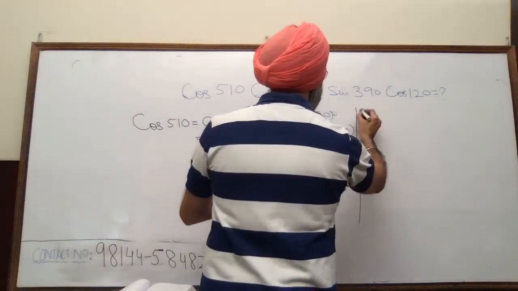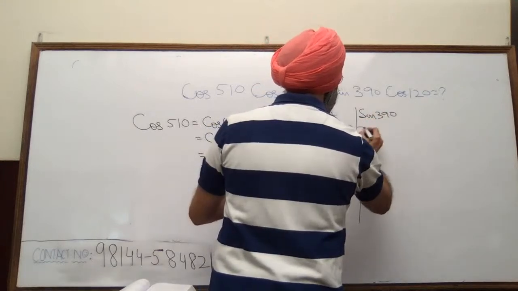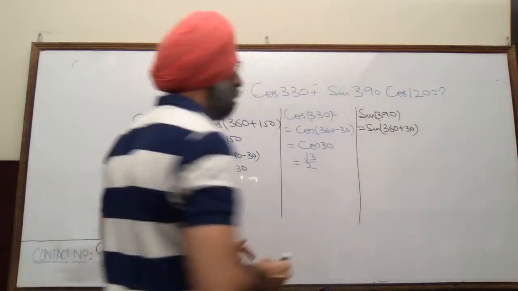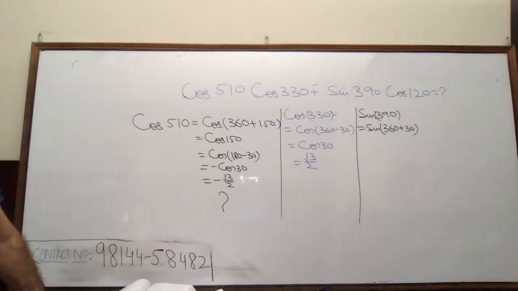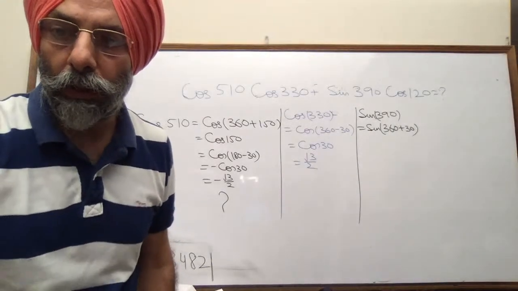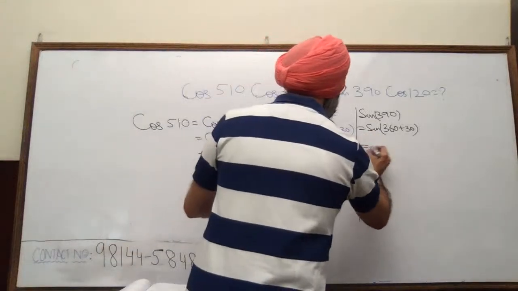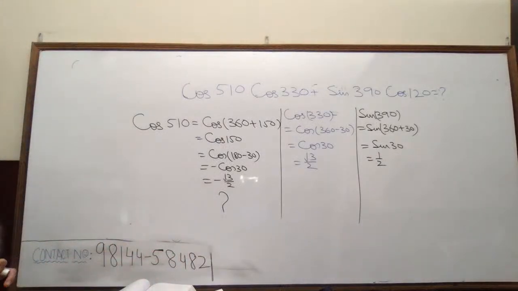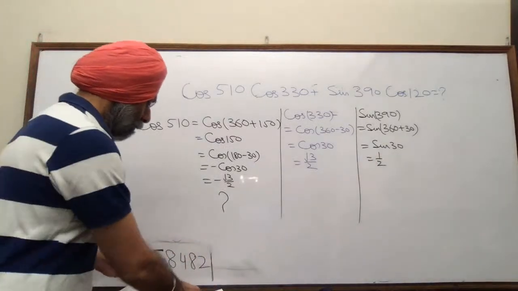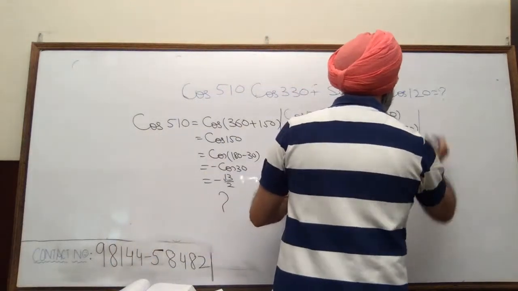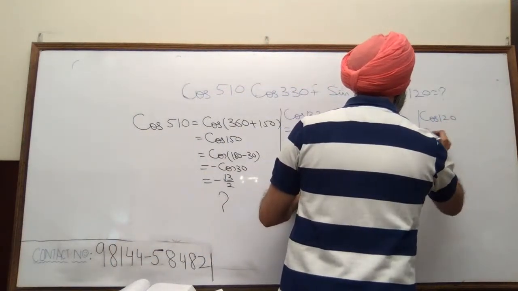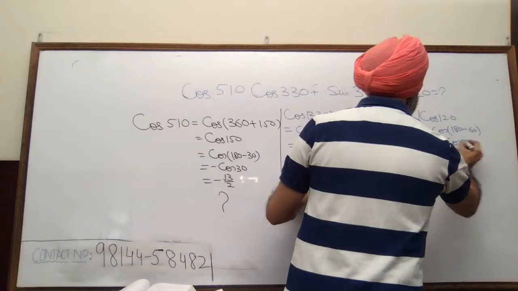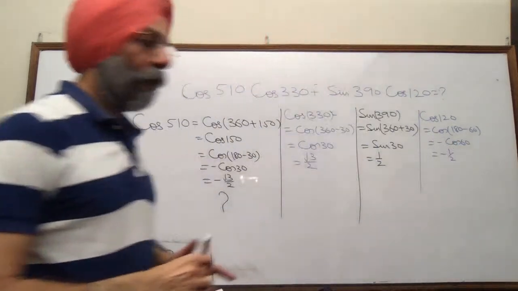Coming to the next one, sine 390, which is sine 360 plus 30. Sine 360 plus 30 is sine 30, which is your half. Now the next one is cos 120, which is cos 180 minus 60, which is minus cos 60, which is minus half.